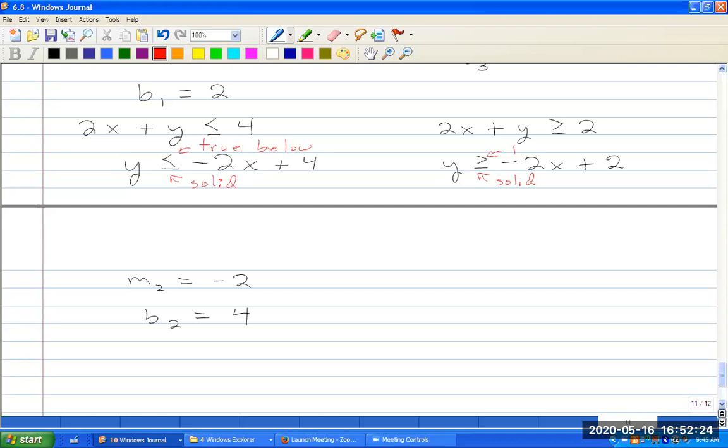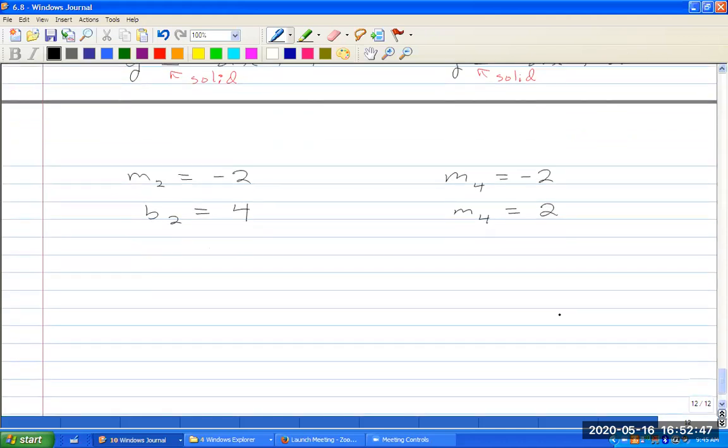True above. The slope is -2, just like before, but the y-intercept is different. It's 2. Okay, so now let's draw the feasibility region.